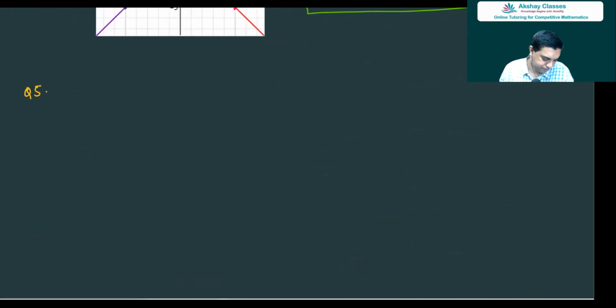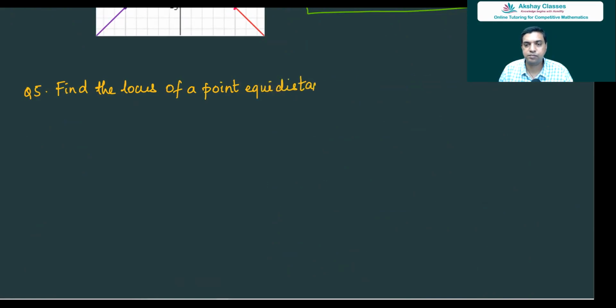Question 5. Find the equation of the locus of a point equidistant from A (2, 0) and the y-axis.